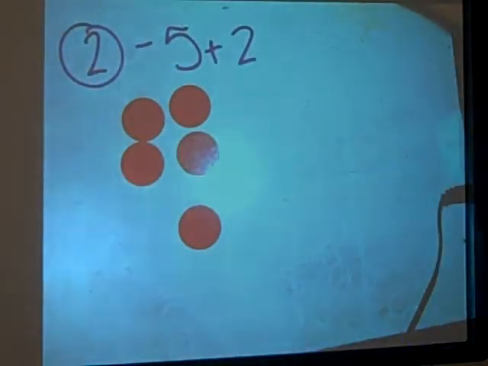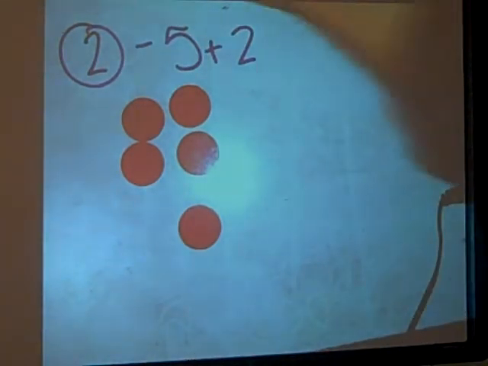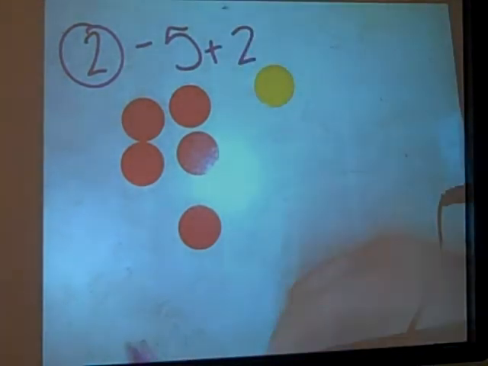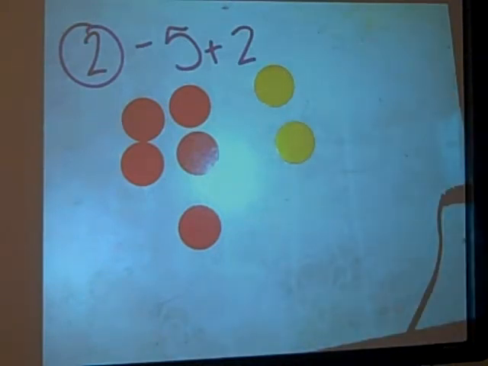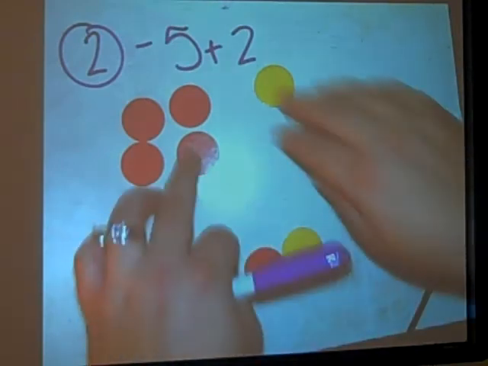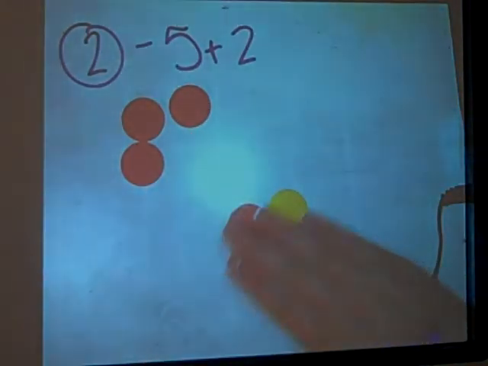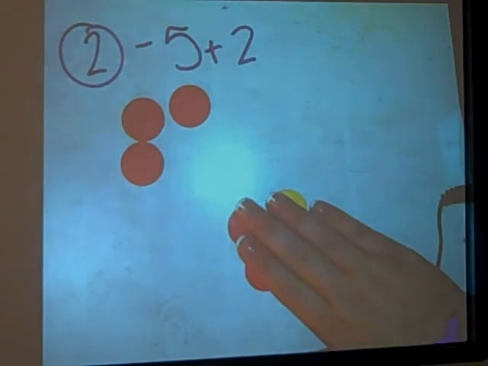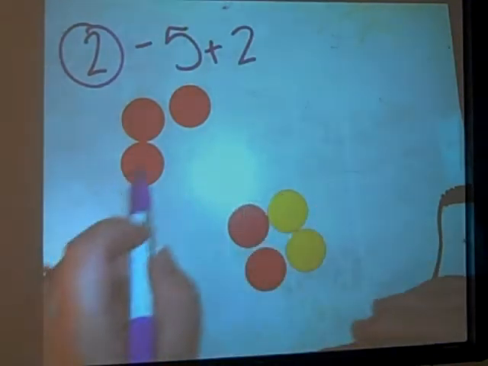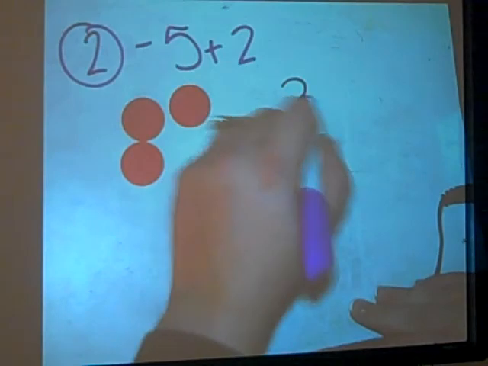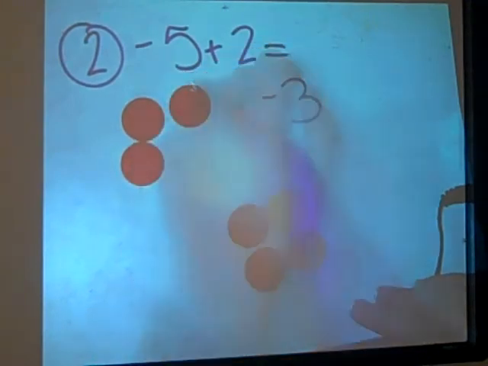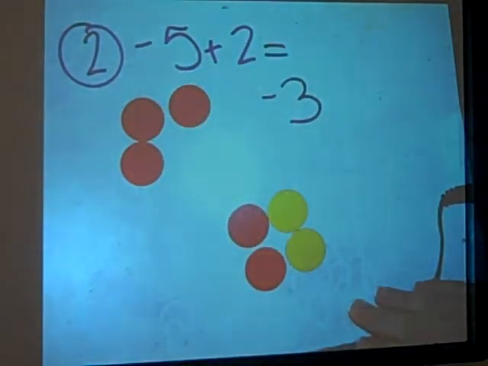But I also need my 2 yellow chips because I also have +2, and that 2 is positive. Now I need to see if I can create any zero pairs, and if I can, I need to do so. So here's a zero pair, and there's a zero pair. They have a value of 0, so we don't use them. So we count up how many we have left over, and we have 1, 2, 3, but they are red, so we have -3 as our solution.